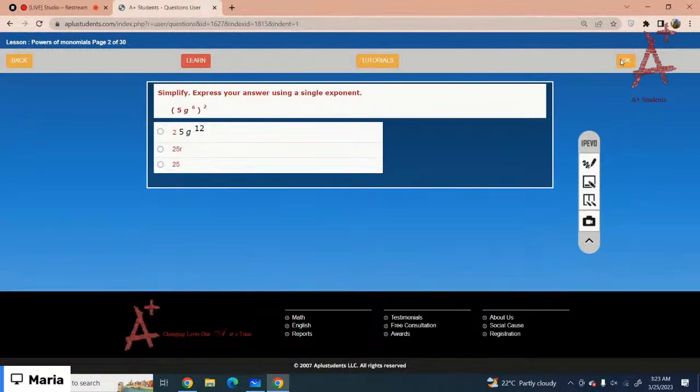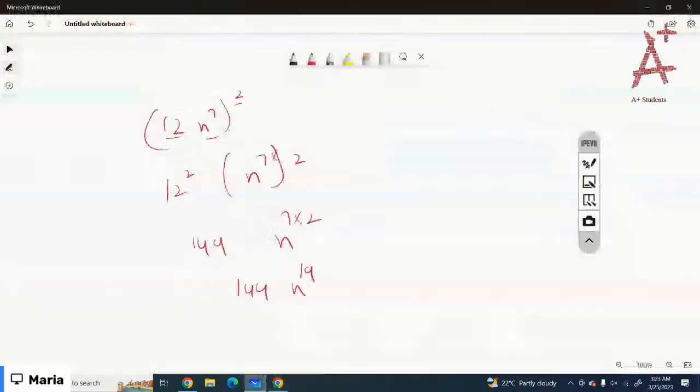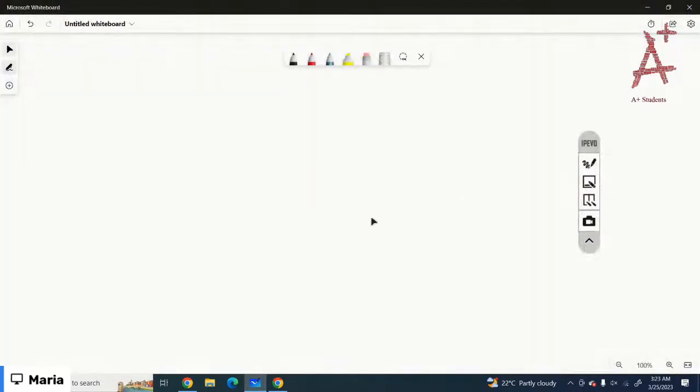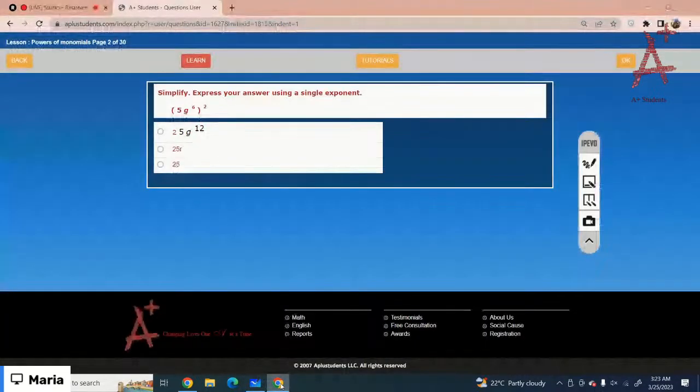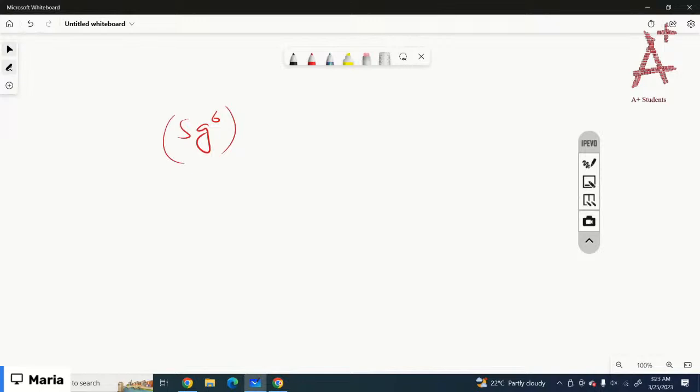Okay, the next one is 5g to the 6, squared. So 2 is the exponent for both 5 and g to the 6. Got it? 5 squared means 5 times 5. 5 times 5 is 25 and it would be 6 times 2.